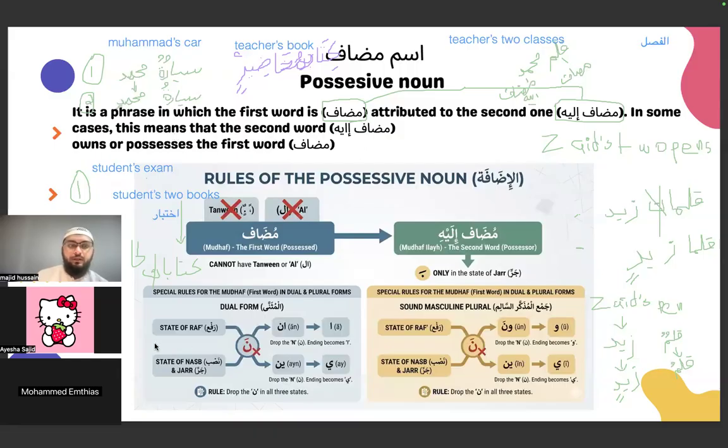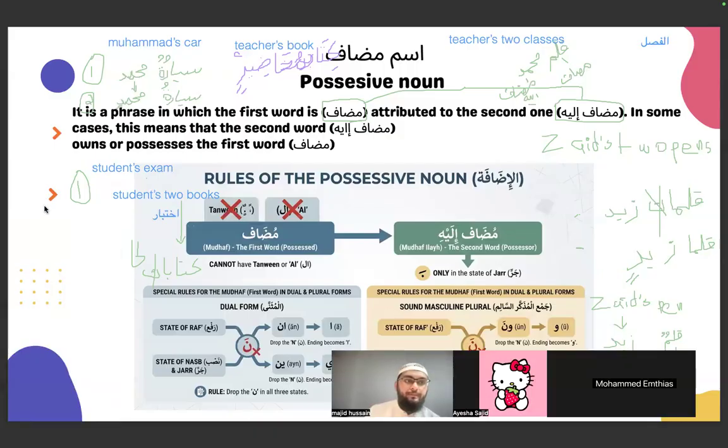Right. We'll give you one more. Brother Muhammad finished? طيب. Until Brother Muhammad finishes, I'll give you another one. Suhail's two friends. What's the word for friend in Arabic?